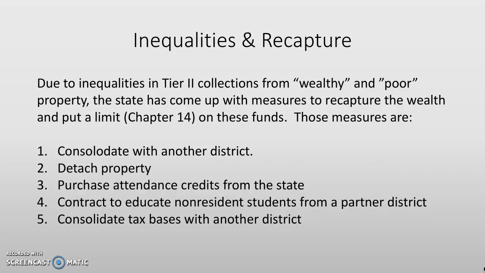This slide goes into detail as to how the states reallocate these funds to distribute them more equally among schools. Some of those measures are to consolidate with other districts, detach property, purchase attendance credits from the state, contract to educate non-resident students from a partner district, and consolidate tax bases with another district.